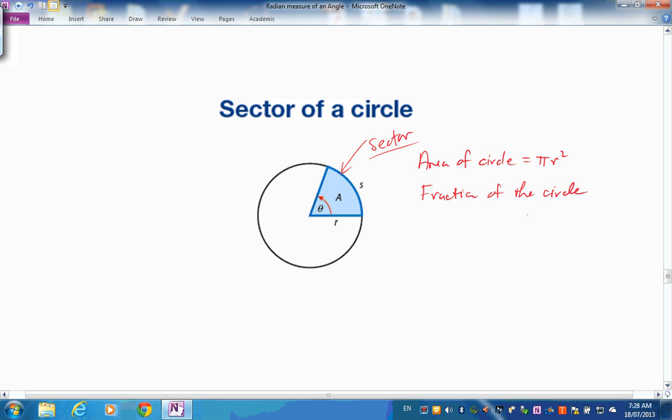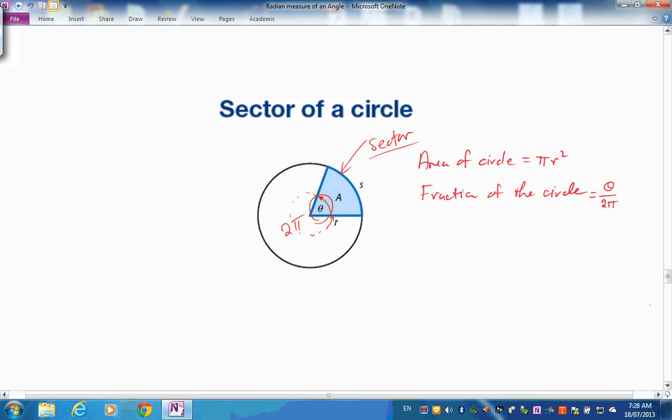Okay. What fraction of the circle do we have? Well, if we measured theta in radians, a fraction of the circle is theta over 2 pi, isn't it? Because the whole thing around here is 2 pi in terms of radians.